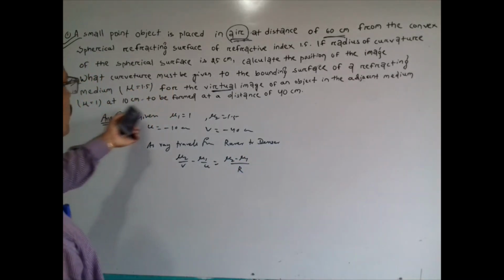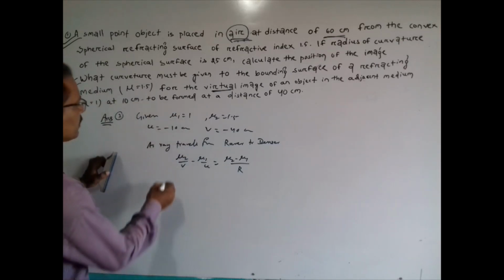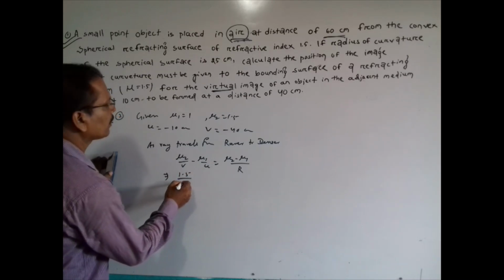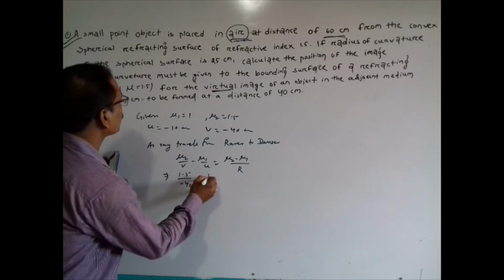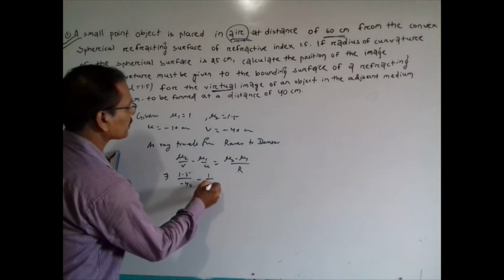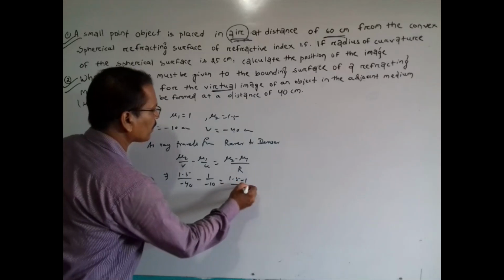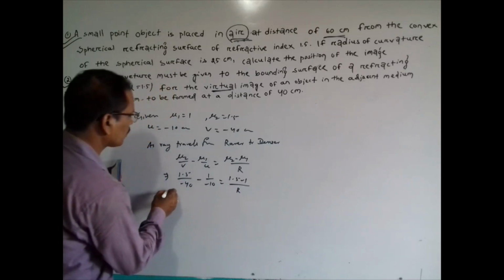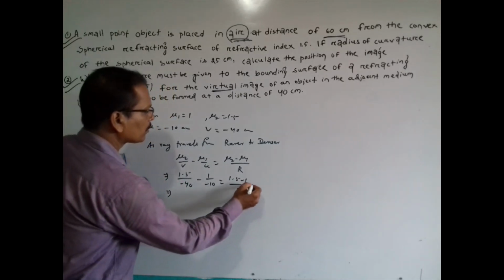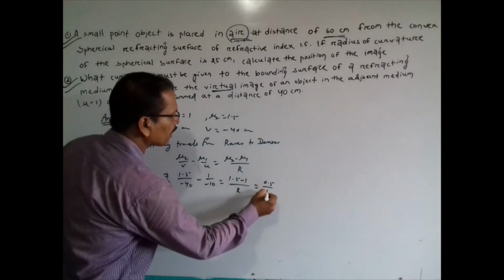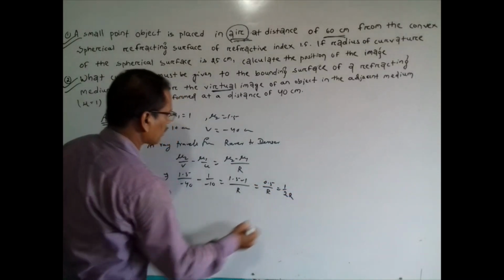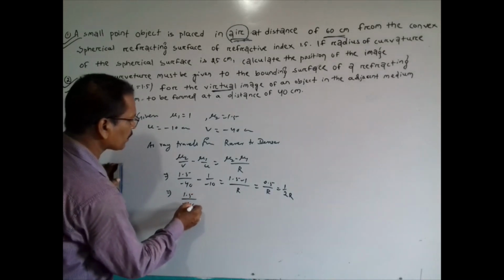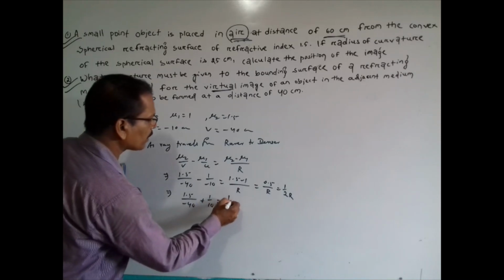So we have to find r. It is given that mu2 is 1.5, v is minus 40, u is minus 10. So 1.5 by minus 40 plus 1 by 10 is equal to 1.5 minus 1 by r, that is 0.5 by r, which is equal to 1 by 2r.